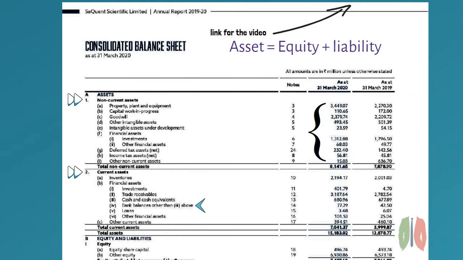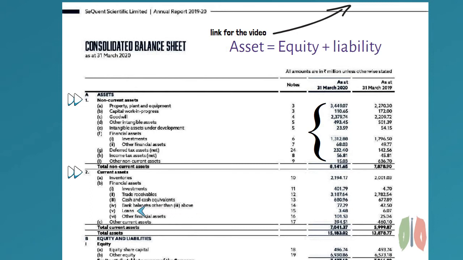Unpaid dividend accounts, in the sense like in the previous financial year, some have not claimed the dividends, or due to some mistakes and errors of paperwork, the dividend amount has remained with the company. This will be coming under this category. Margin money deposits and bank guarantees are somewhat like Sequent Scientific has deposited with the banks for giving a guarantee to its vendors and other parties. So this will be coming under the bank balances other than 3 above.